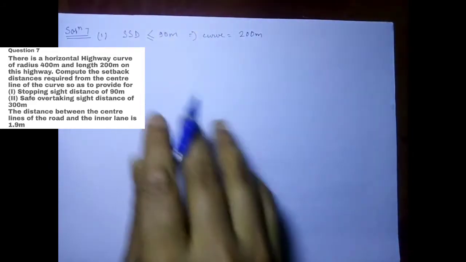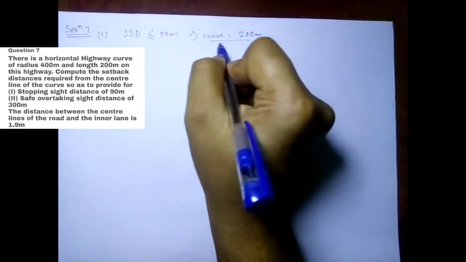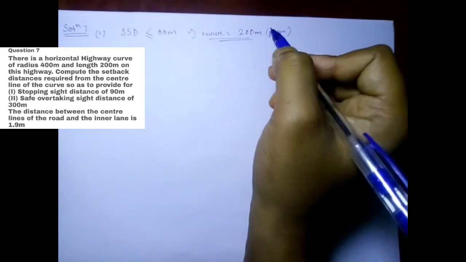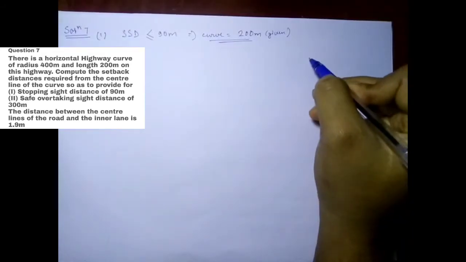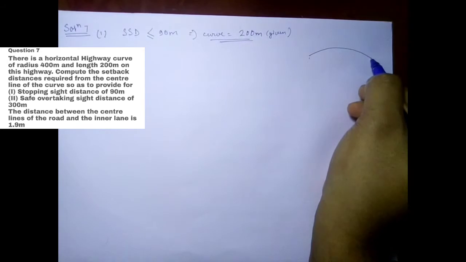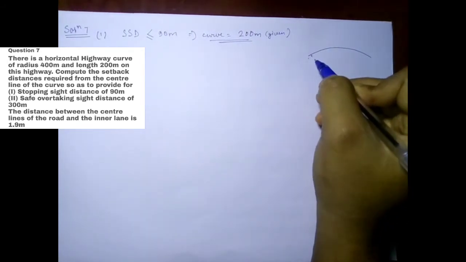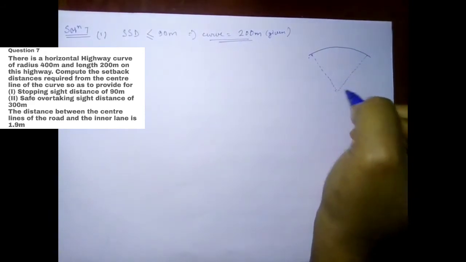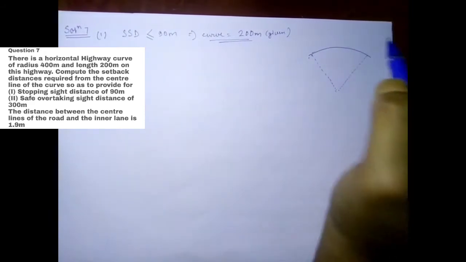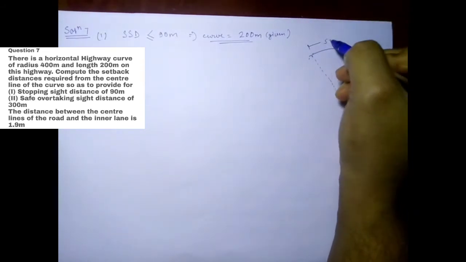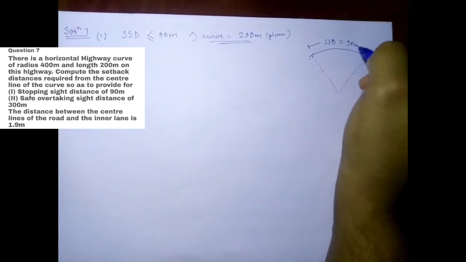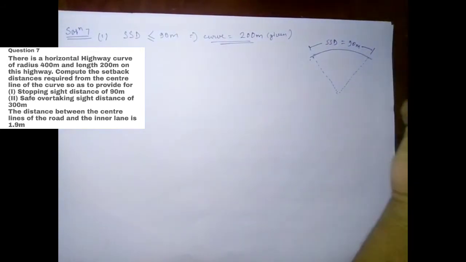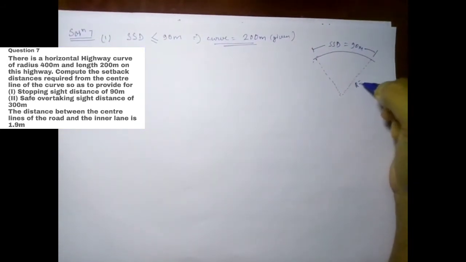We take that if the SSD is less than 90 meter, the curve shall be of 200 meter as given in the question. So let us draw the figure for this one. So this one is the curve, and SSD is equal to 90 meters and radius equal to 400 meters.